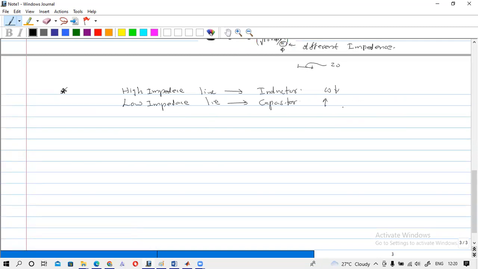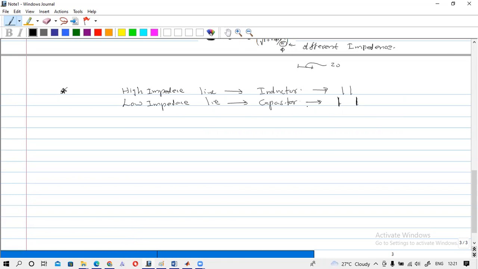So for capacitors you will get a wider transmission line, and you will get a narrow transmission line for inductors.